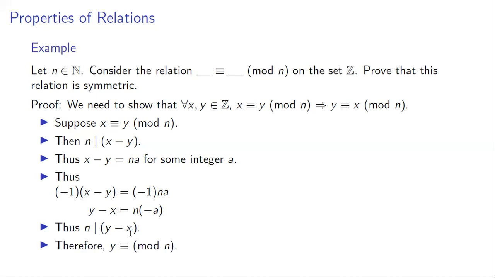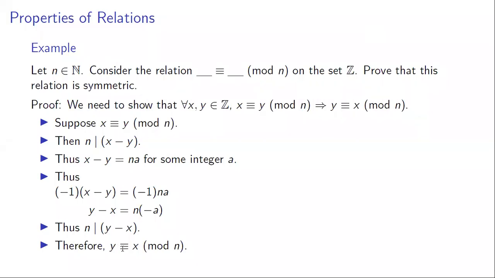And therefore, based on the definition of congruence, y is congruent to x mod n. So what did we want? We wanted to show that for all x and y in Z, if x is congruent to y mod n, then y is congruent to x mod n.